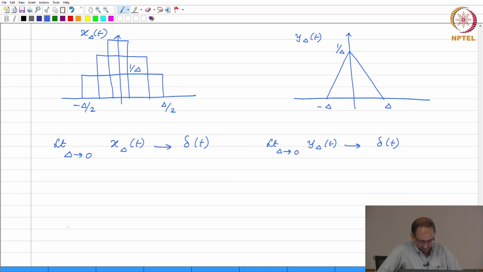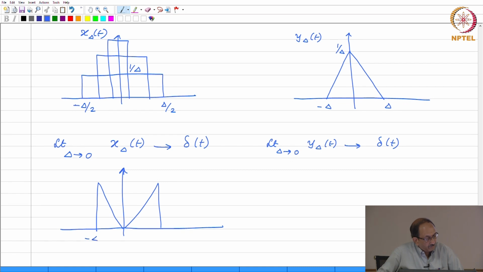Now, let us look at this triangular pulse we now saw, right. This, let me take that and cut it into 2 halves, and then cut it in the middle into 2 halves, and then rearrange it like this. Let me call this Z delta of t.